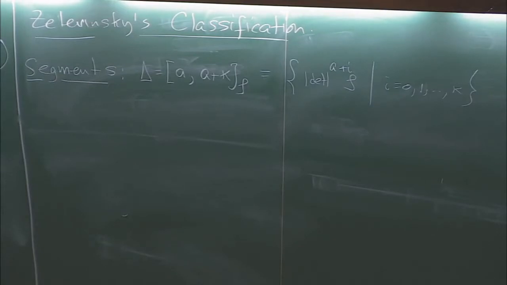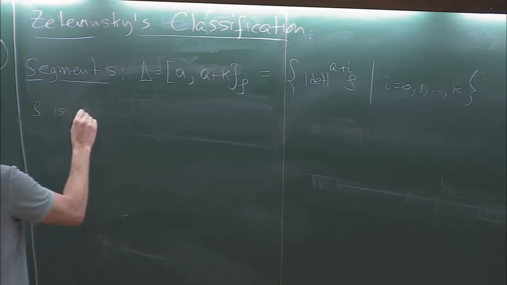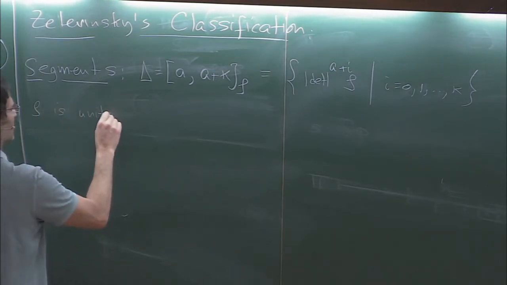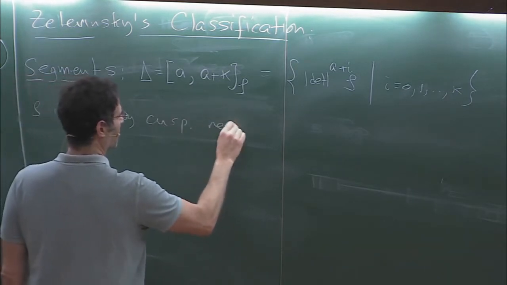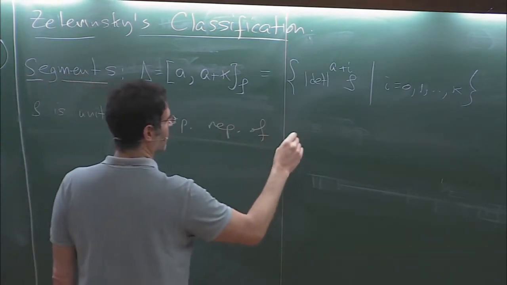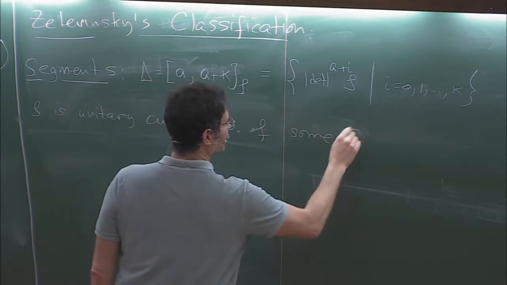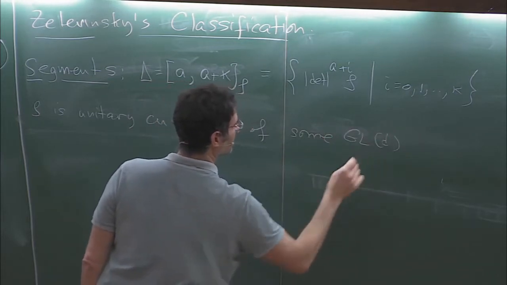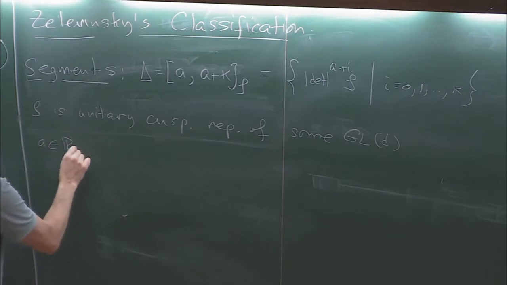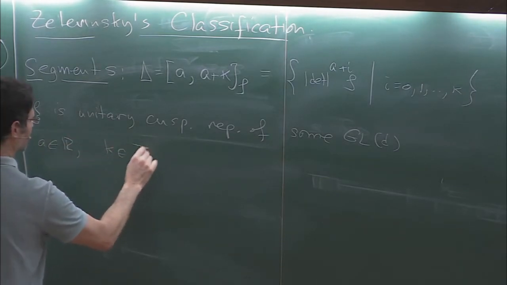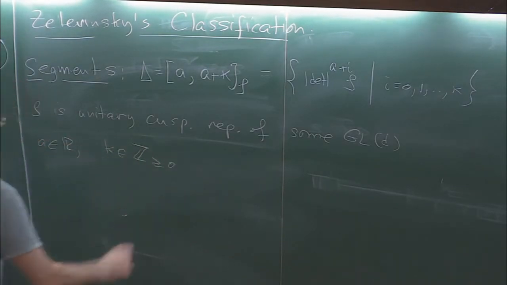And in my notation, I will always fix the data so that rho is a unitary cuspidal representation of some GLD, and a can be any real number, and k is a non-negative integer.